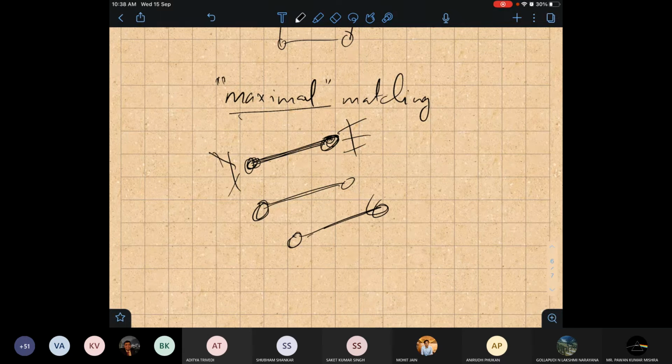Now what I will do is find a maximal matching, which is pretty easy. Maximal matching is something where we cannot put any other edges.